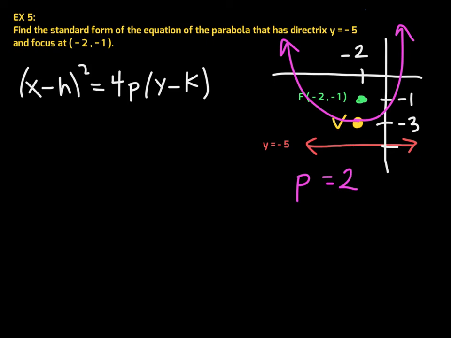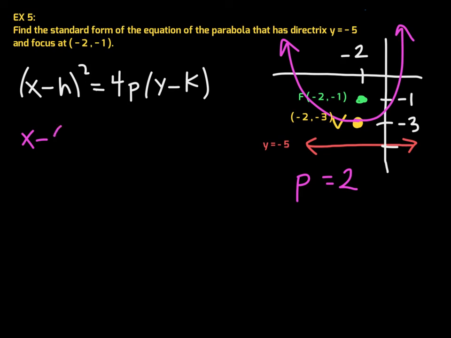Okay, so let's plug everything in. What I should do for us is label the coordinates for your vertex. I think I said it out loud, but I don't think I actually wrote it. So let's do that. -2, comma, -3. There we go. So then your h value is -2.